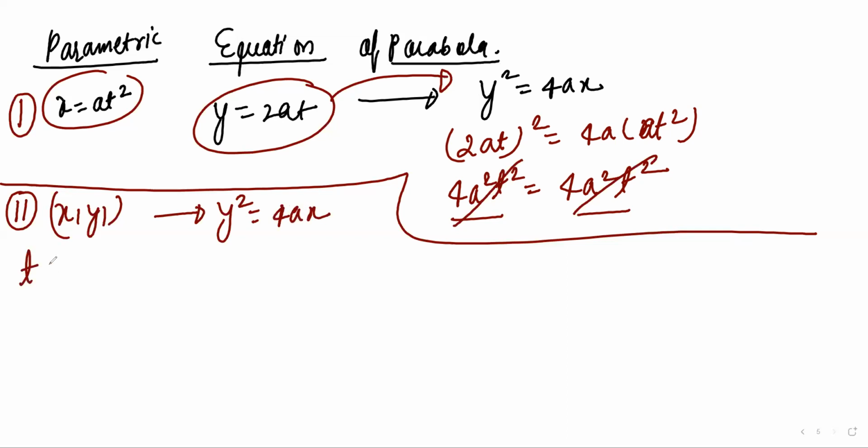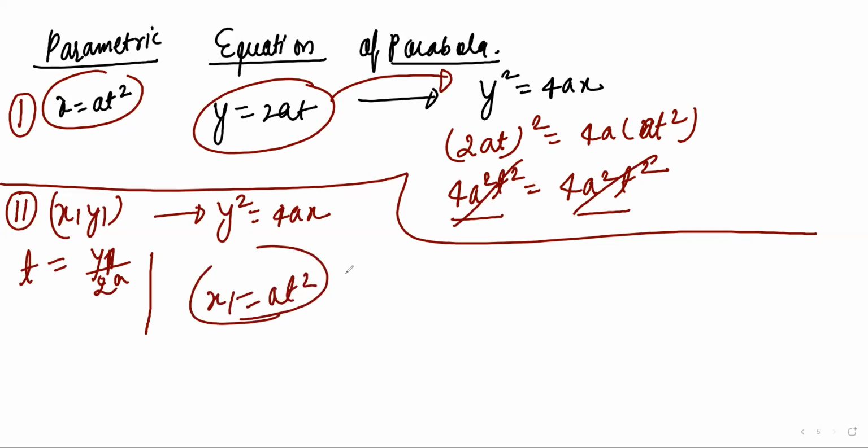So here t will be y1 upon 2a, from here we have concluded, t equal to y1 upon 2a and x1 is equal to at square. We have taken these 2 points. In other words, corresponding to any point on the parabola y square equal to 4ax, there exists a real number t such that x is equal to at square and y equal to 2at, right?